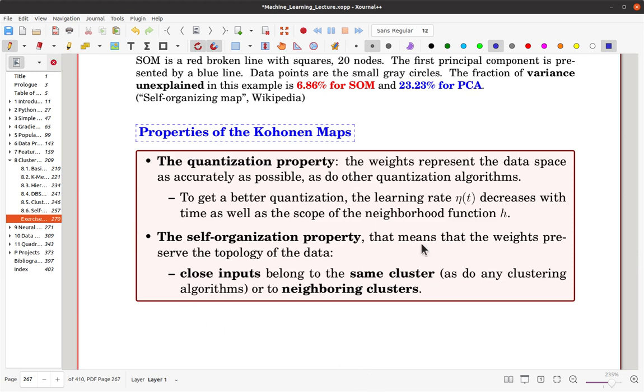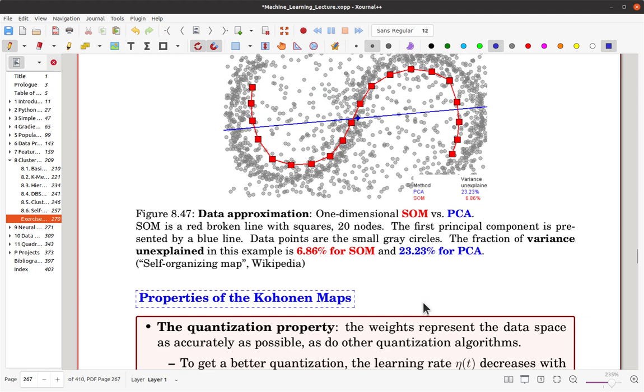That means that the weights preserve the topology of the data. Close inputs belong to the same cluster or neighboring clusters, so that once you try to visualize the output, similar points will be in the same cluster or nearby.